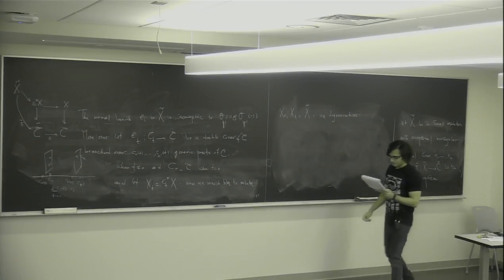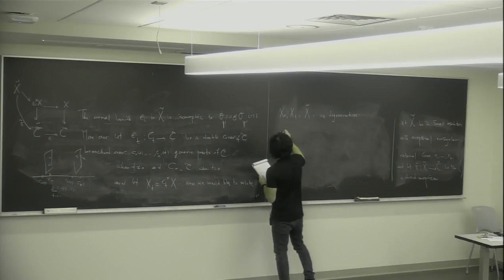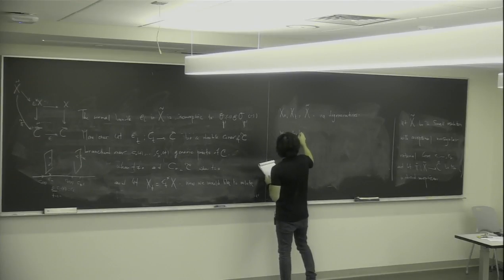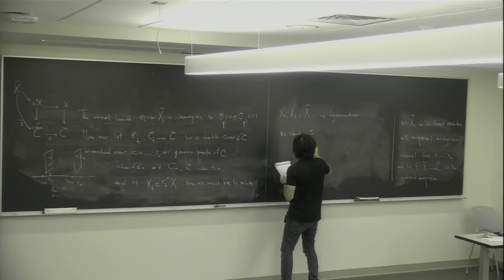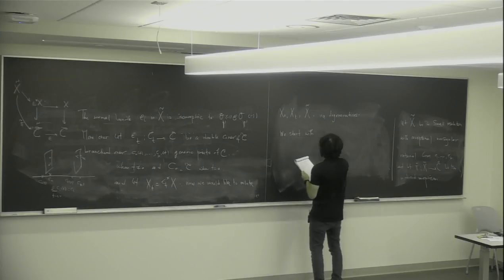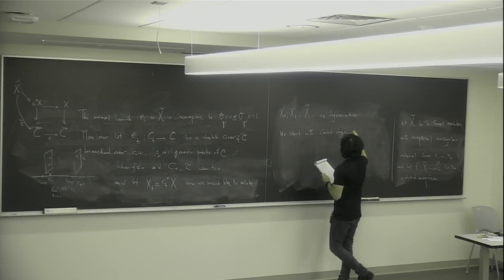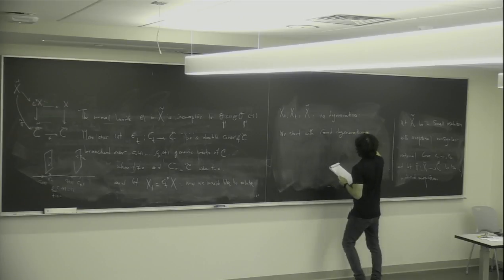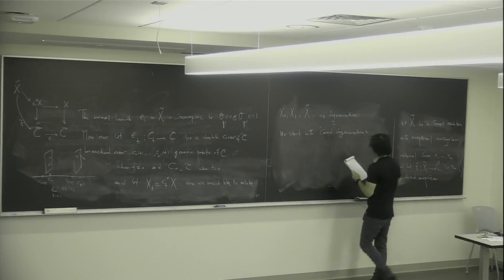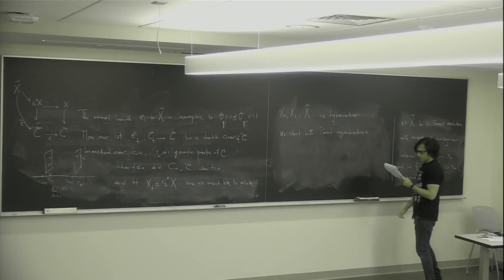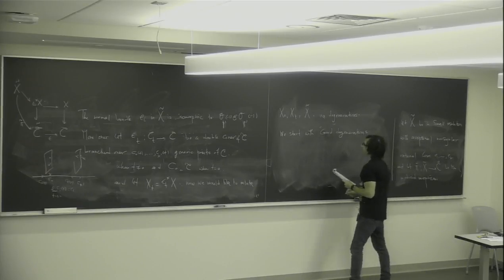Okay, so we start with good degenerations, which I will call R1 and R2.